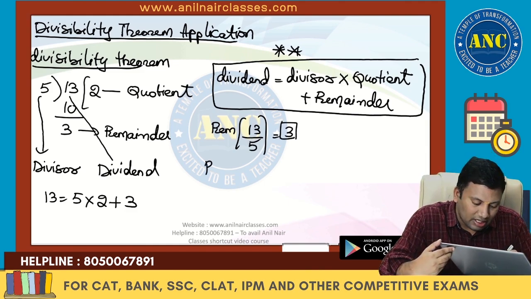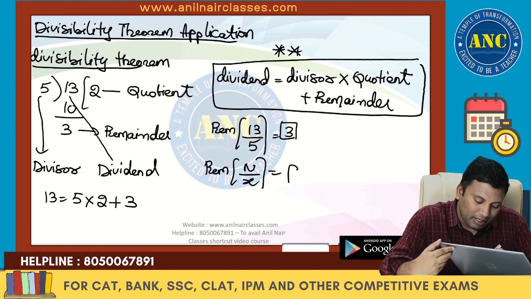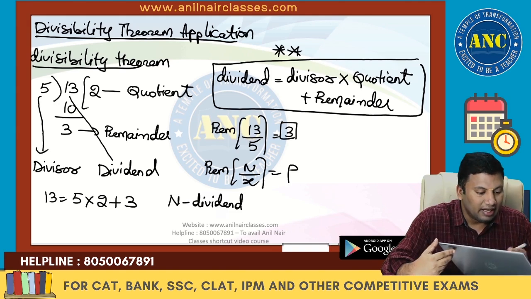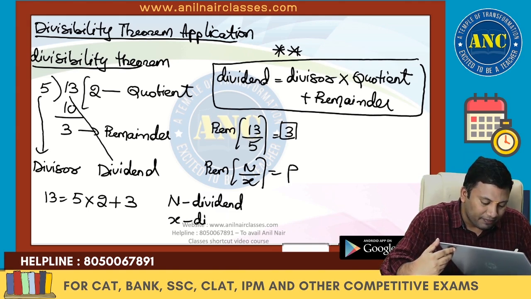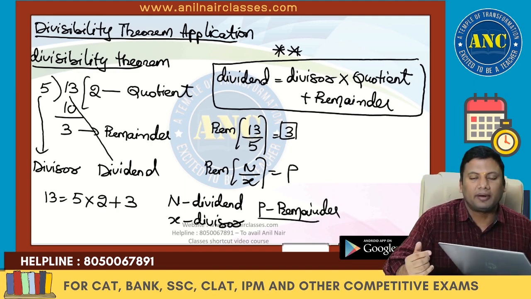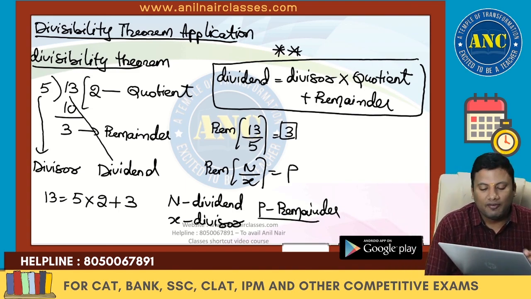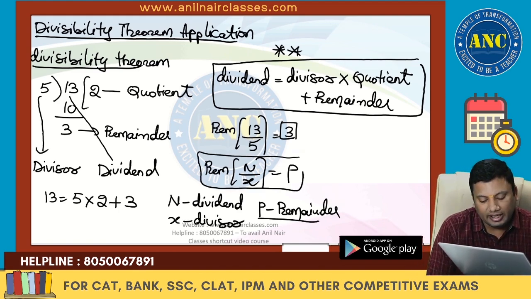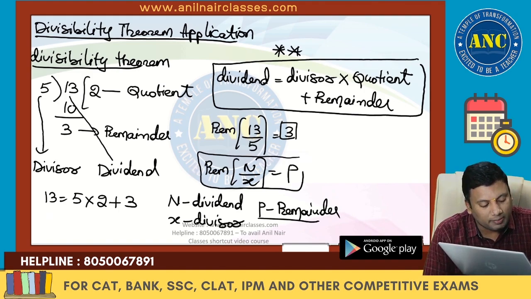So if the question is of the form n divided by x equivalent to p, n is called the dividend, x is called the divisor, and what is left over is called the remainder. I hope it is clear. When you write like this, you are hiding the quotient value. Dividend equals divisor into quotient plus remainder.